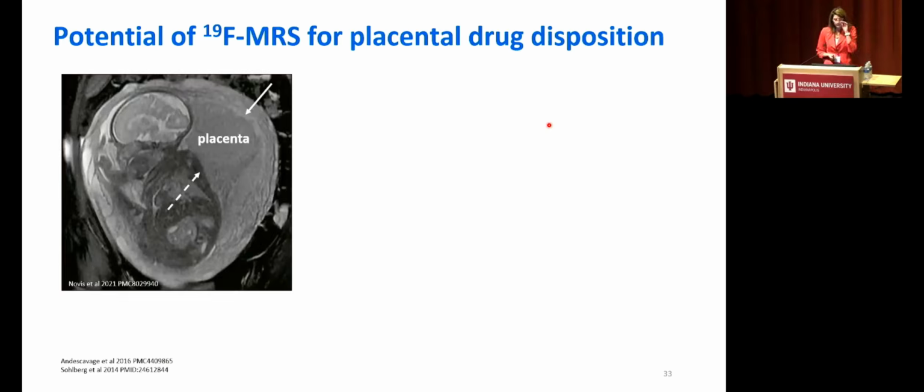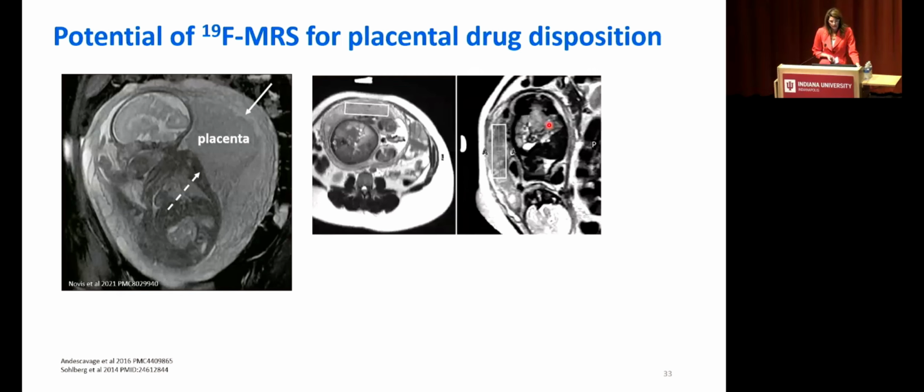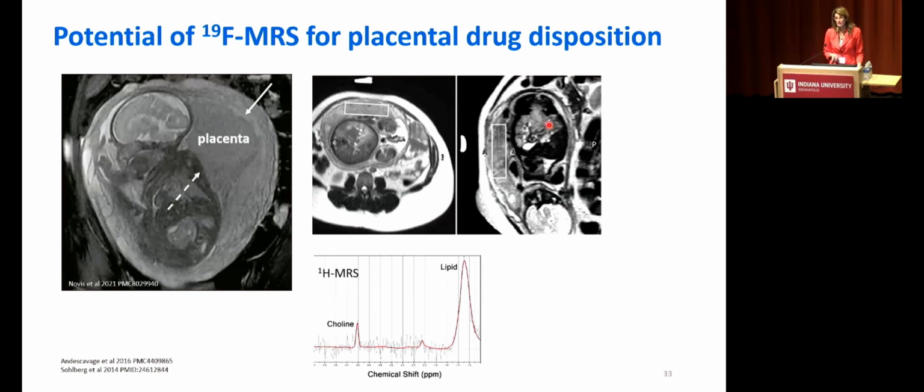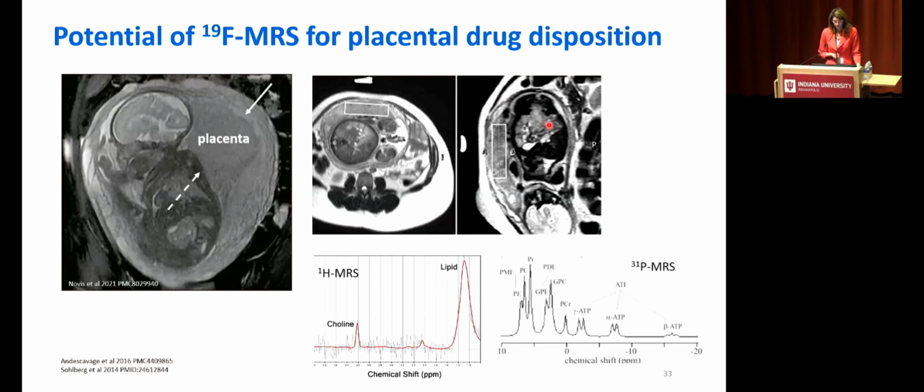And then lastly, when thinking about 19F and other uses, particularly as it relates to maternal and fetal health, it has the option to potentially be used in placental drug disposition. You can see on the image here, this is an anatomical MR image of a fetus and placenta. And there have been MRS studies using other approaches, so proton and phosphorus, to look at things like cell turnover and energy metabolism within the placenta.